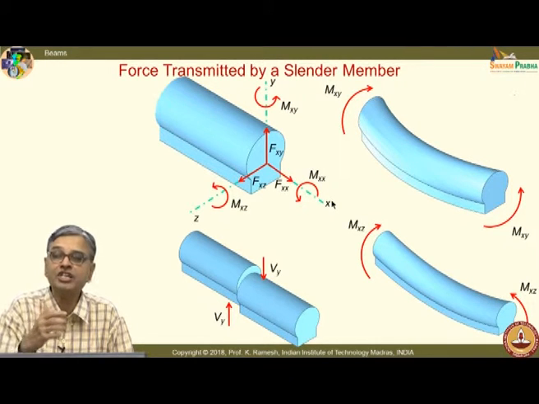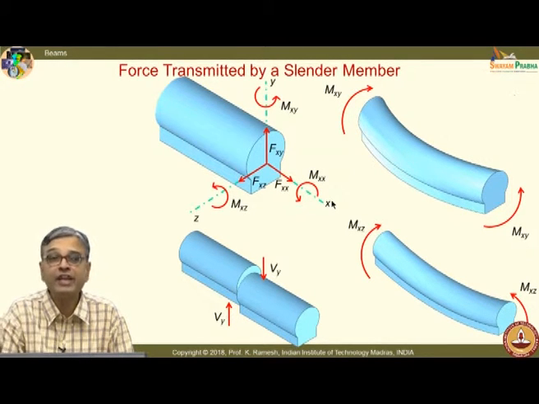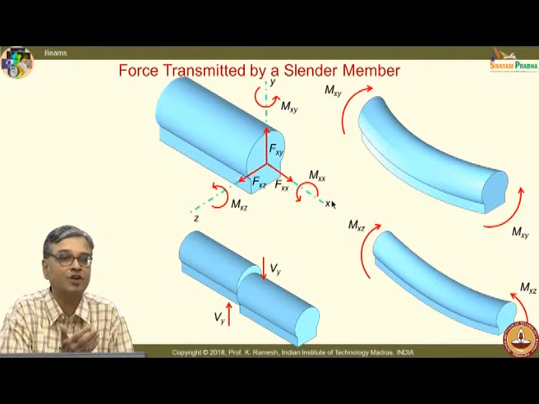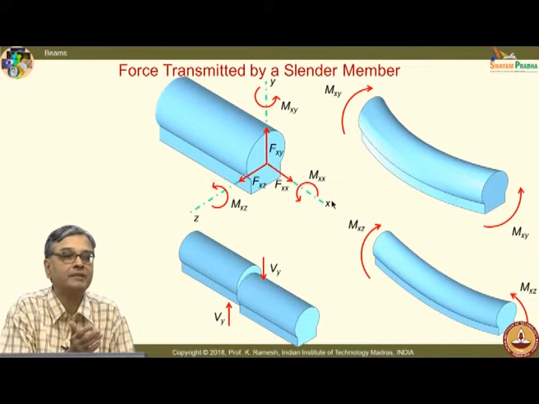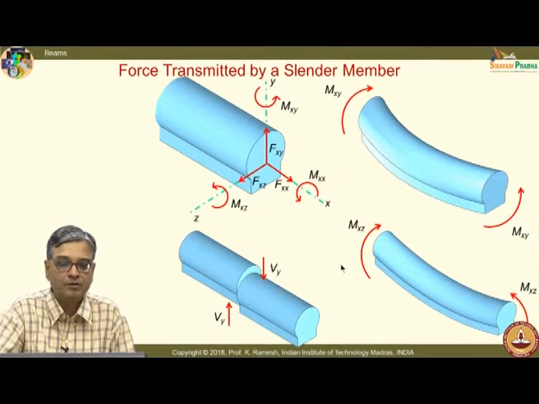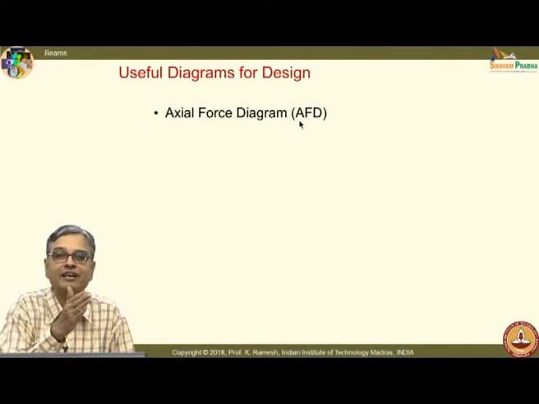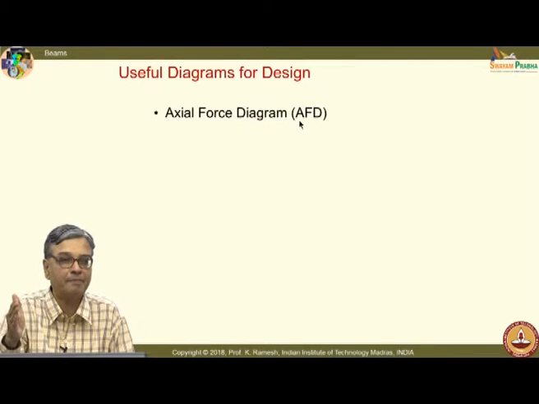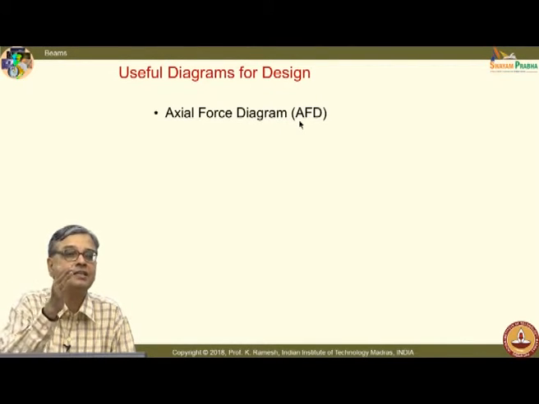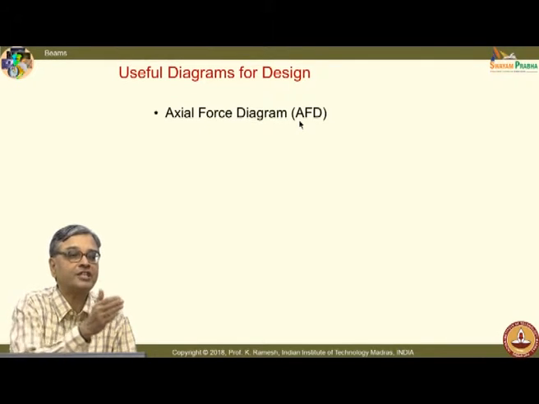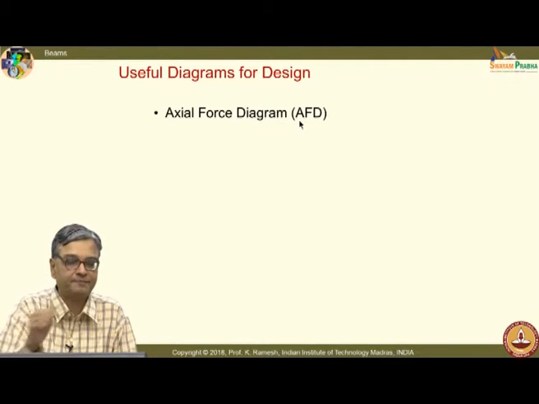So, I essentially need to know the variation of these forces, not at one section, how does it vary along the length of the member. That is what you get from diagrams like axial force diagram. We had seen Fxx is acting along the axis of the member. You may want to see how does it change from section to section along the length of the beam.